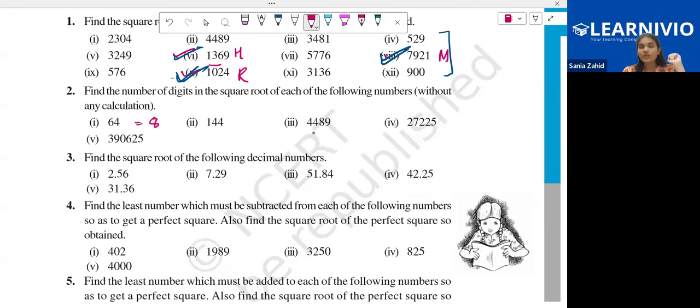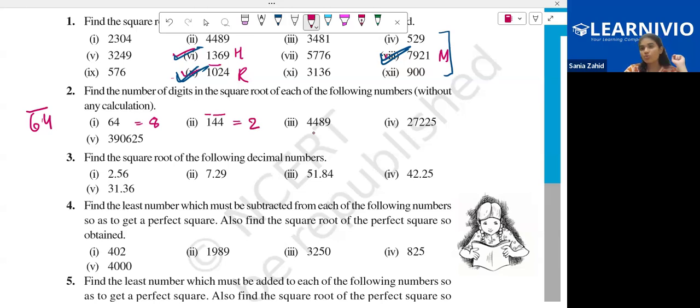But you have a trick for this. What is the trick? To find the square root, we used to make pairs. So if I have to make a pair of 6 and 4, I will make only one pair. So the number of bars that I'm putting denotes the number of digits in your square root. Like if you have 144, how many bars will I make? 1 and 2.